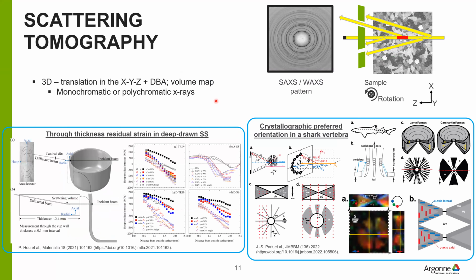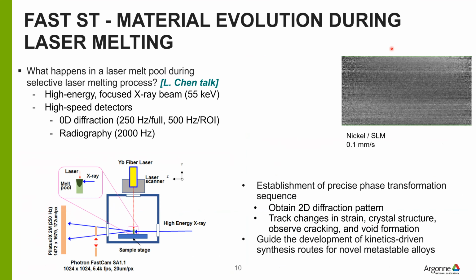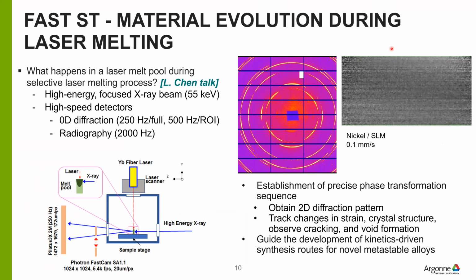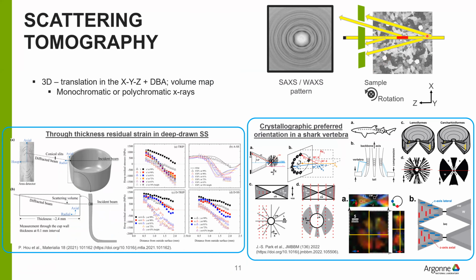Of course, in the translation cases that I mentioned earlier, we are summing everything along the beam path, but there are some ways in which you can actually conduct depth resolved measurements.